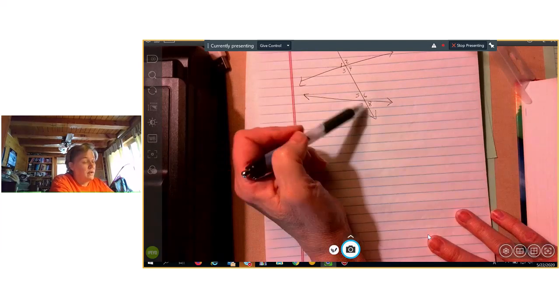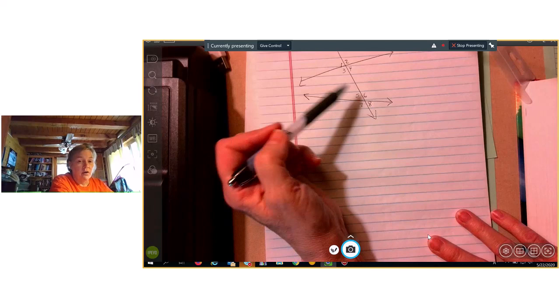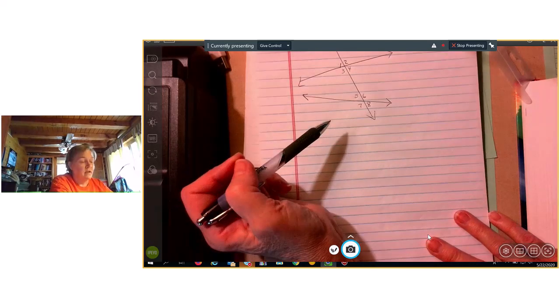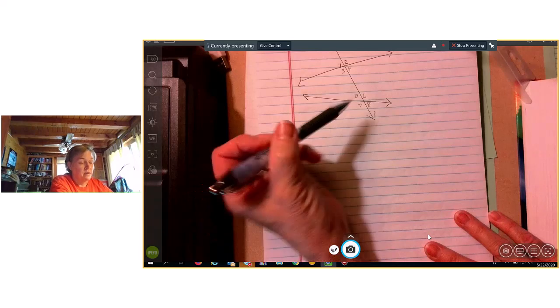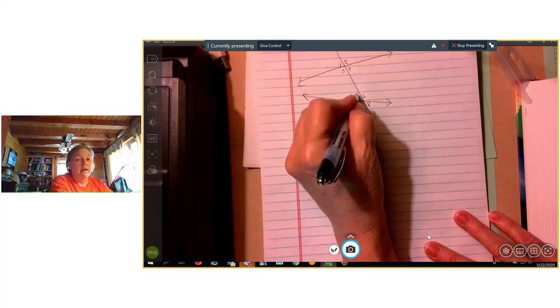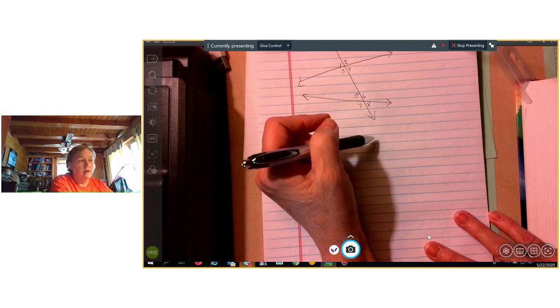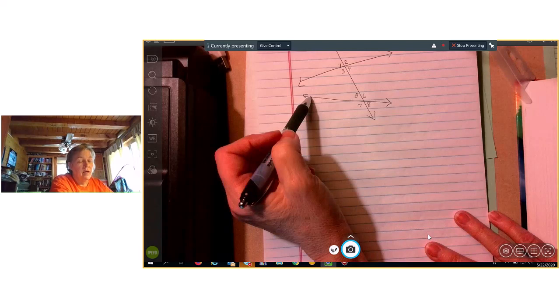Well, I can say angle 1 and angle 5 are corresponding, but you can tell in the drawing that they're definitely not congruent. So corresponding angles we can have. They're not going to be congruent unless we're told that the two lines that they're cutting through are parallel.